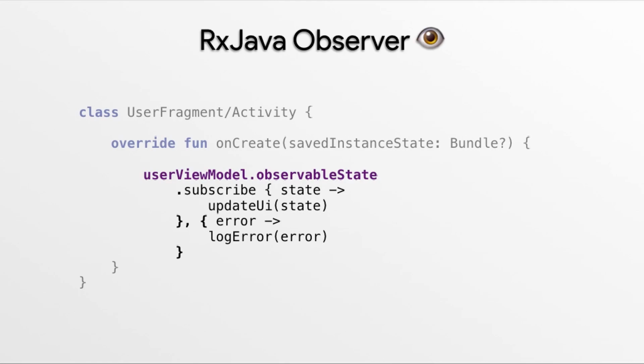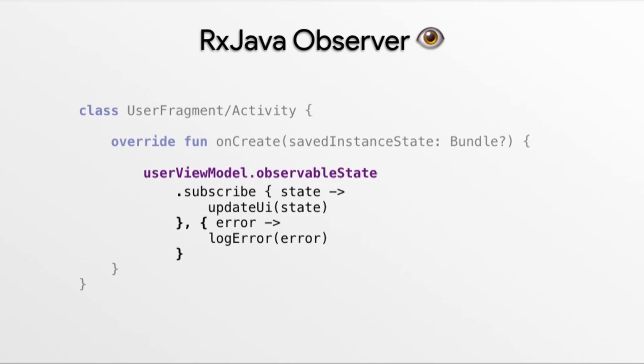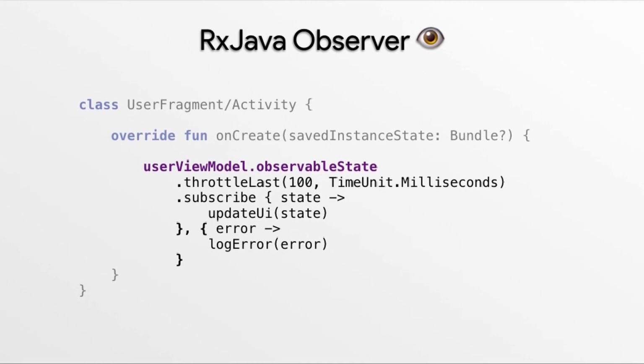And then what you'll see on the screen is every time the state updates, there's a slight flicker on the screen as things update or change. And maybe you don't want that. So what you can do is you can use operators in RxJava. This is one example: throttleLast. All this will do is it'll make sure no update happens faster than once every 100 milliseconds.